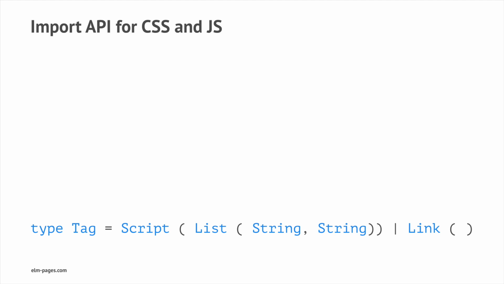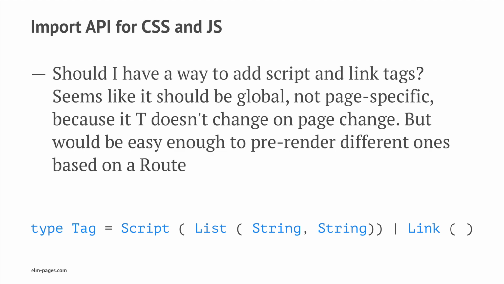And then a big one I'm thinking about too is, for CSS and JS, should there be a way to add script and link tags? So right now there's an index.js and a style.css, and elm-pages imports those, and that's it. That's a hard-coded thing, and you can do any pre-processing you want.